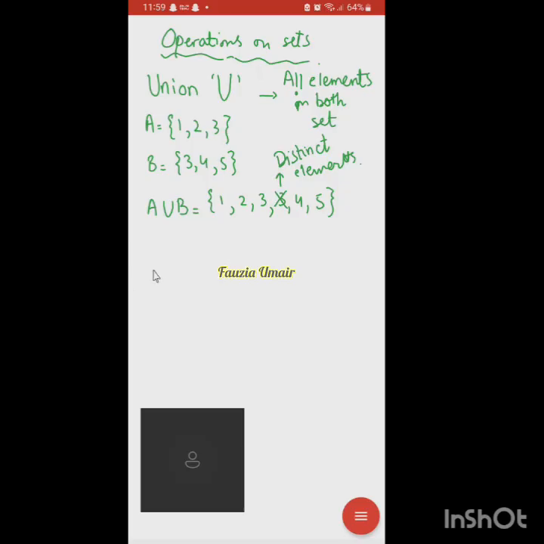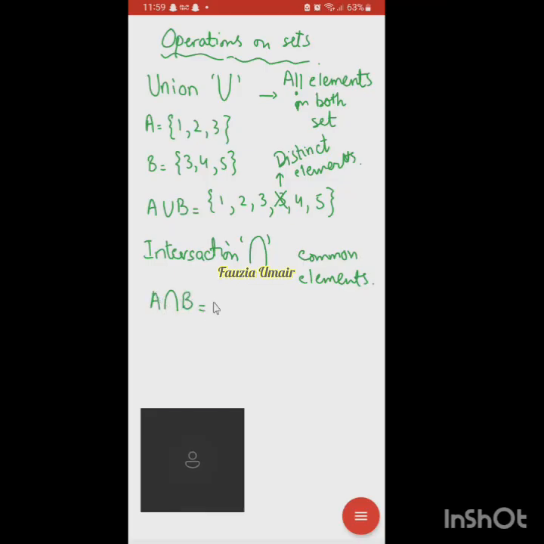So now the second operation is intersection. Intersection is denoted by this symbol. Intersection is basically common elements. What is the symbol of intersection?